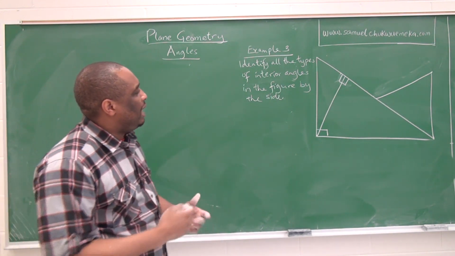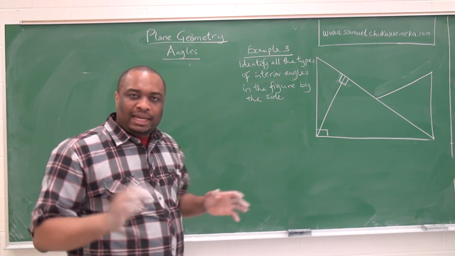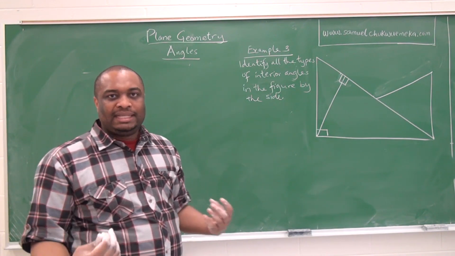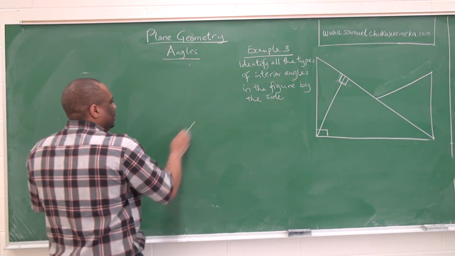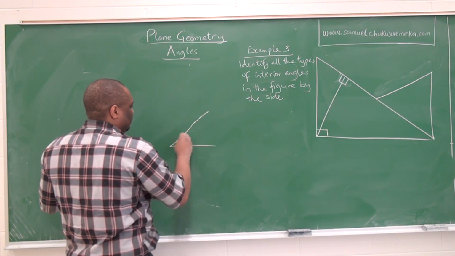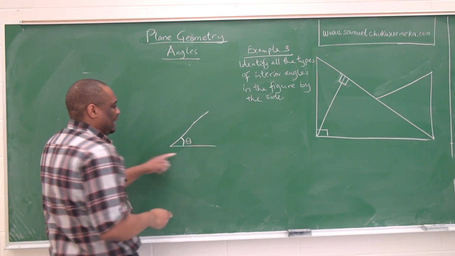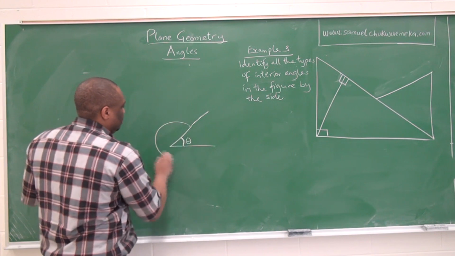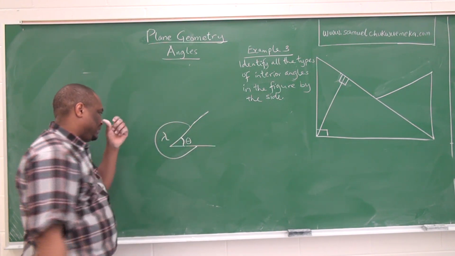Now, you might ask me, what is an interior angle, what is an exterior angle? Good. In this case, if you have this, theta is an interior angle. Lambda is an exterior angle.